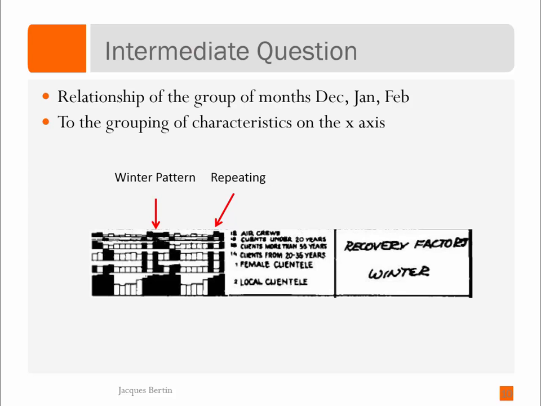We have some youthful adults in the 25 to 35 year age group, as well as female and local clientele. So each one of those group classifications seems to have the same pattern, that we could create that group called recovery factor for the winter.